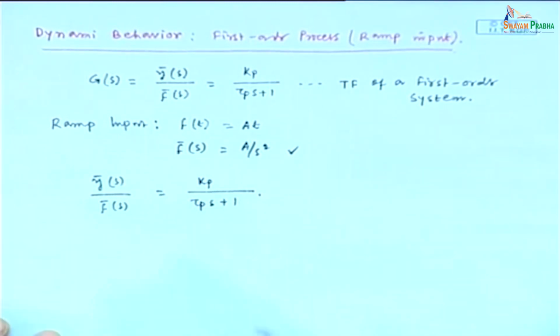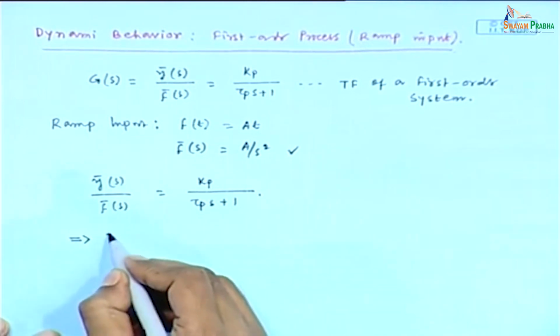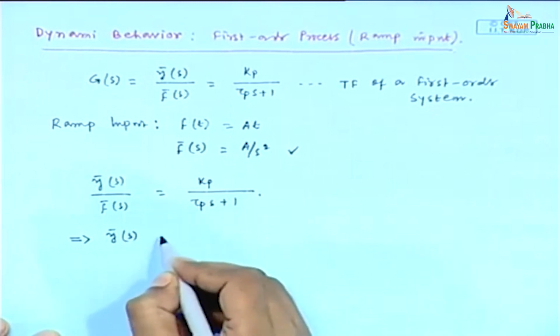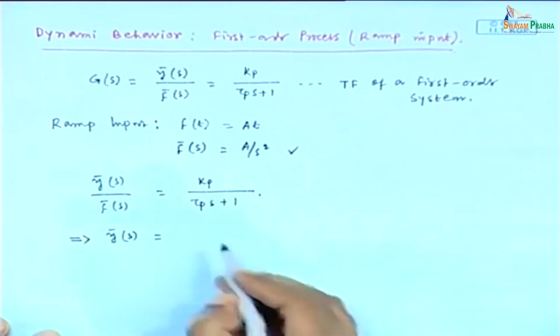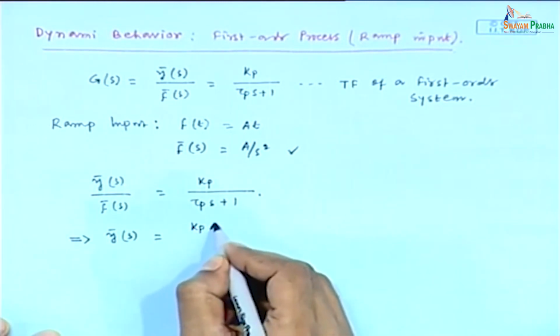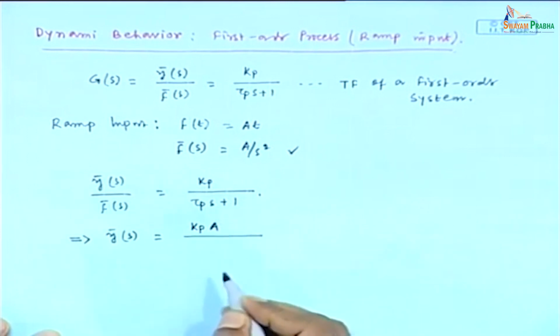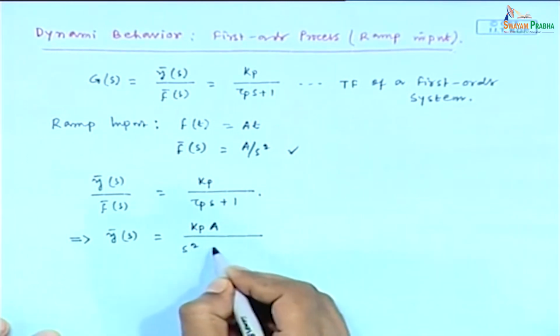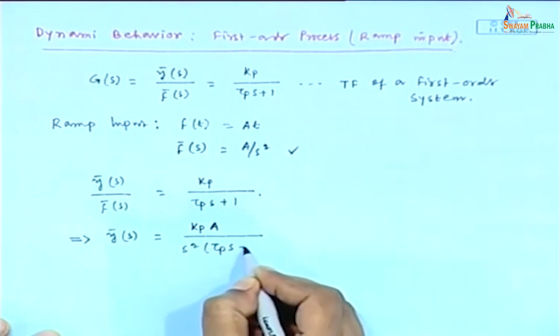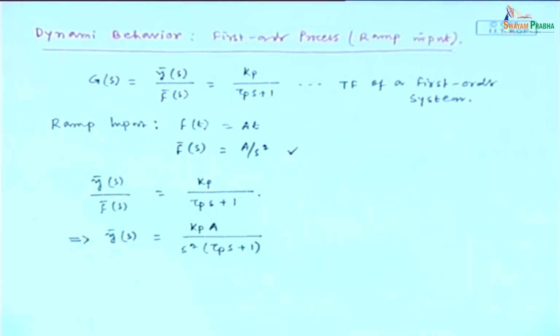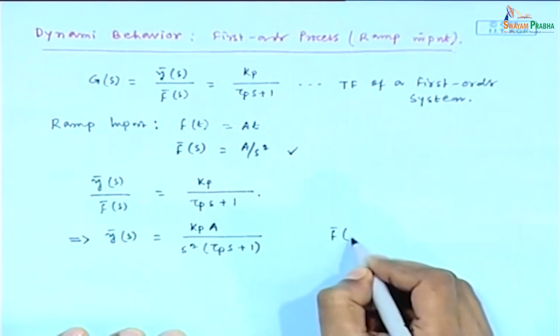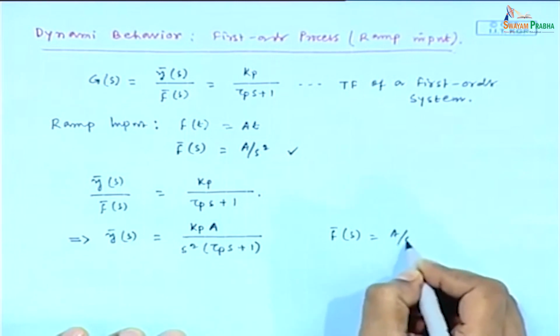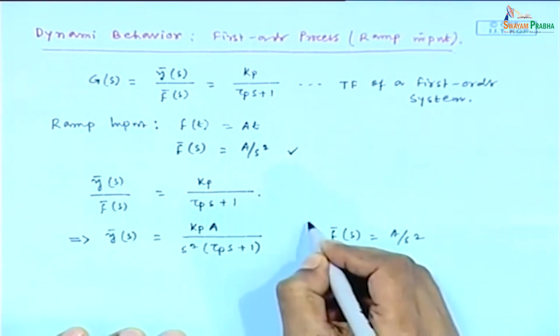If we consider f s equal to a by s square, then the output in S domain becomes Kp a divided by s square times tau p s plus 1. Got it? Considering f s equal to a divided by s square.